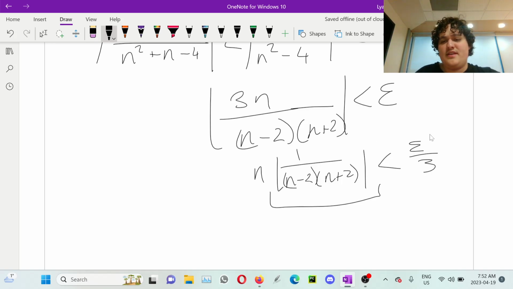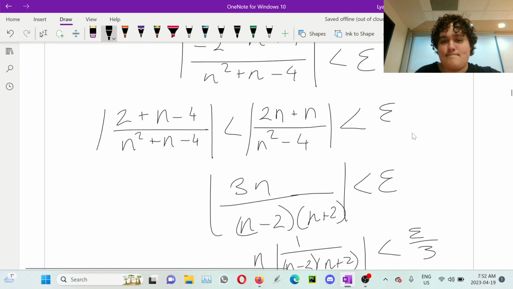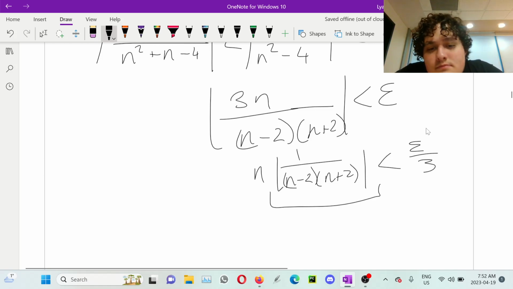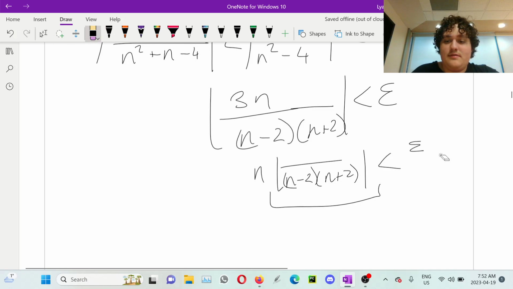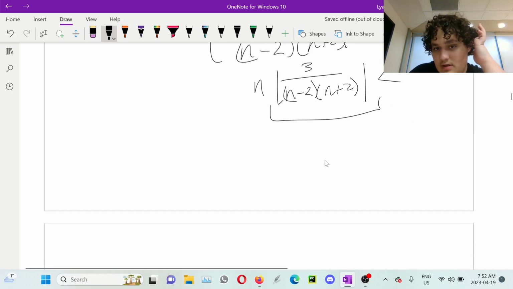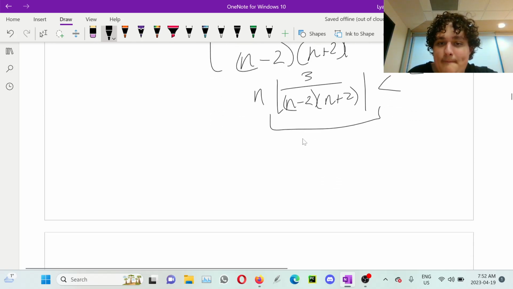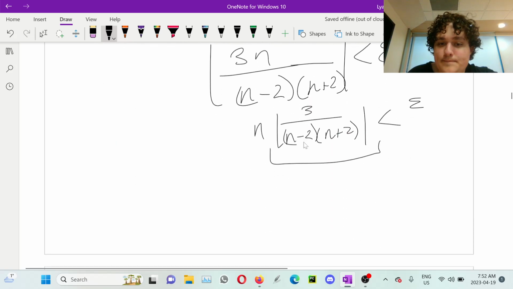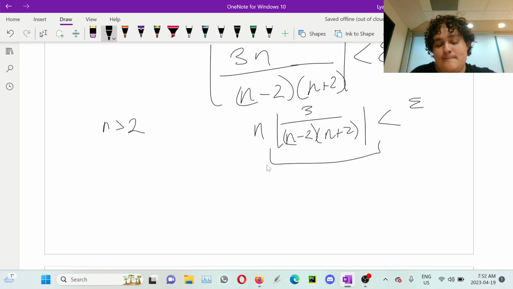I want to ensure that, I mean, I can even leave the 3, right? Whatever. I want to ensure that epsilon's bigger than this, so I'll find the upper bound on this. So let's say I'm choosing n to be bigger than 2, okay?